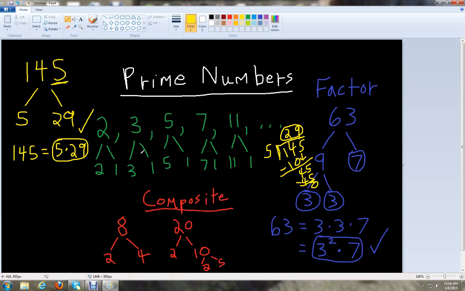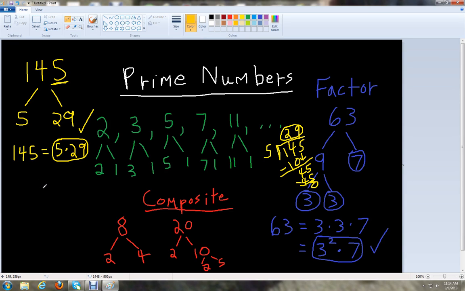Let's do one more, just to make sure that we understand how to find the prime factorization of numbers.